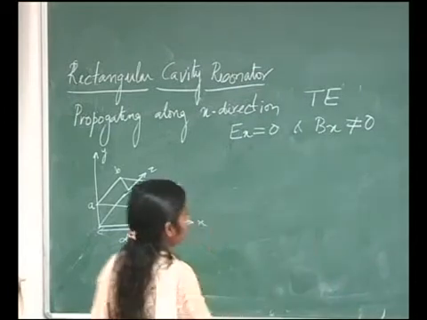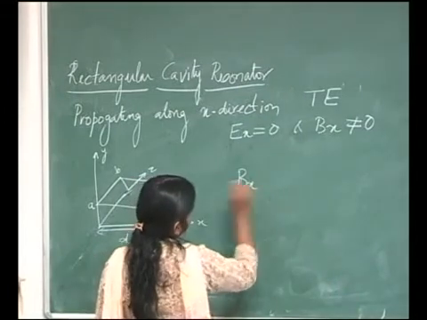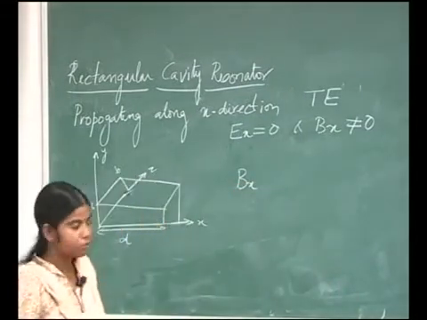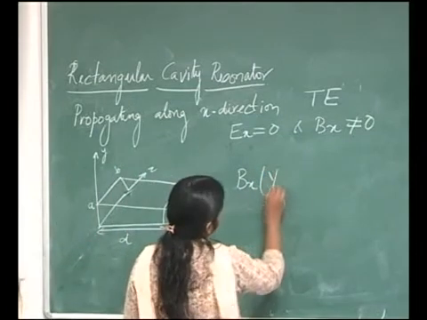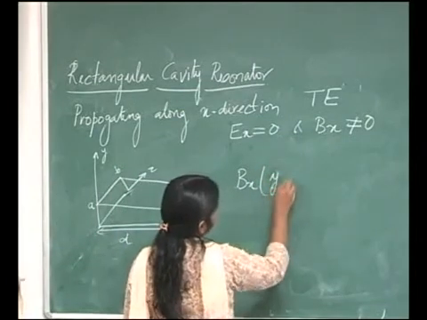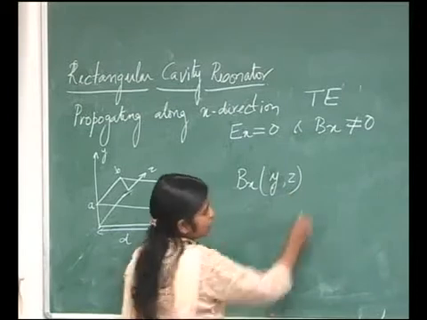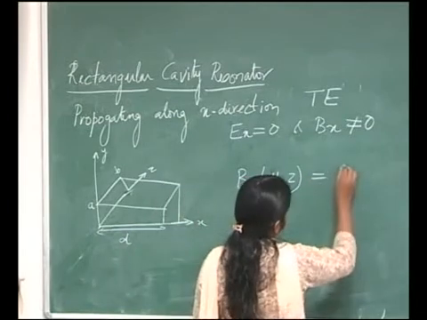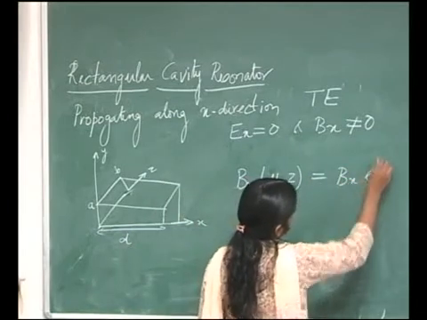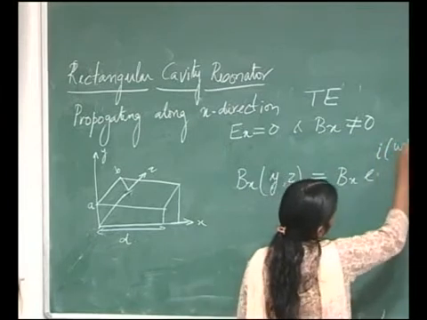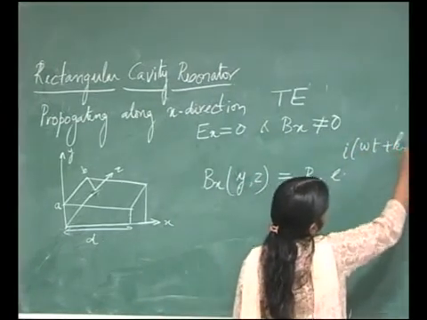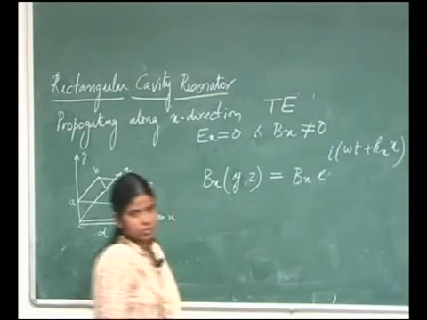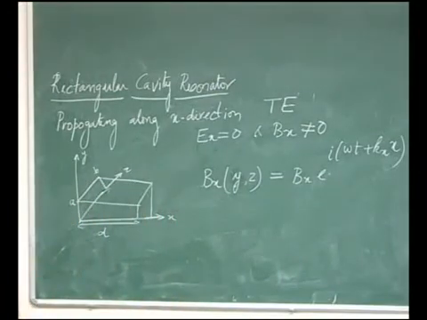So if I say that my Bx vector, magnetic field vector, which is function of y and z coordinate, is equal to say Bx e to the power i(omega t plus kx x). Okay. This is function of i(omega t plus kx x).